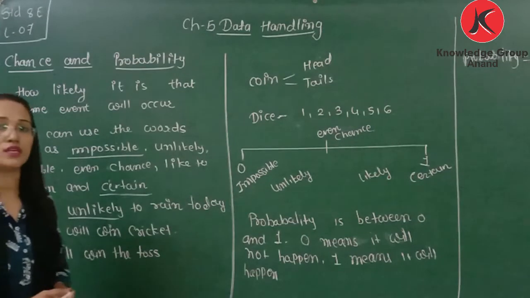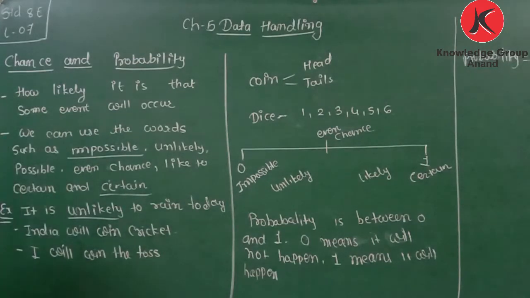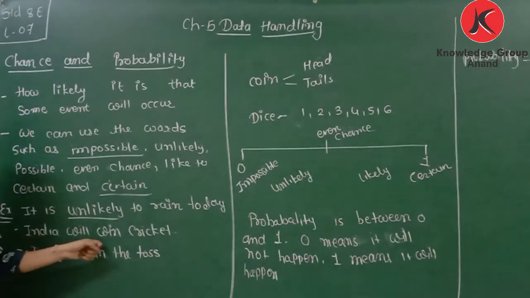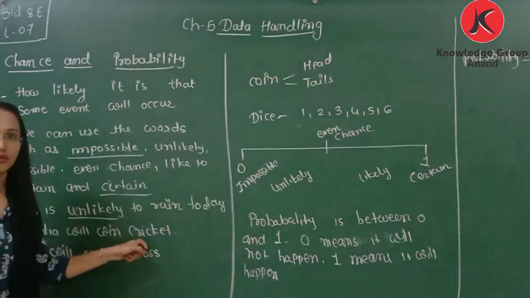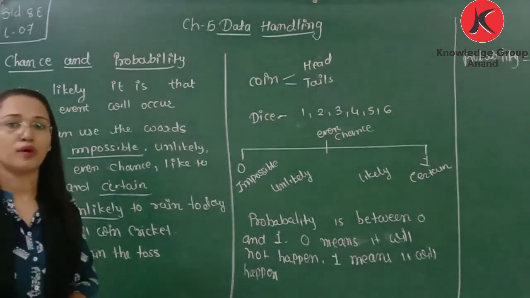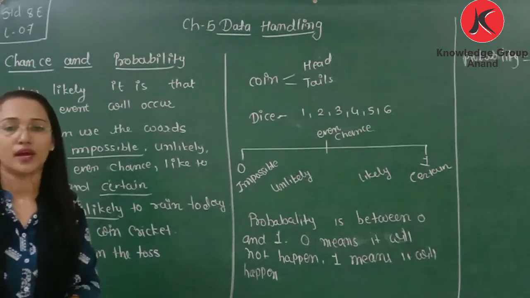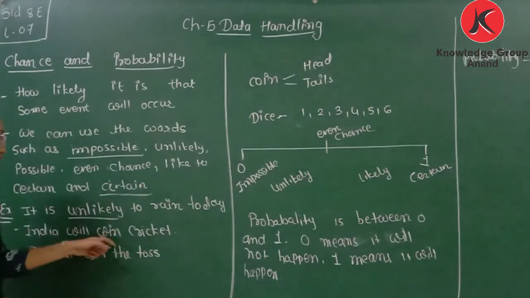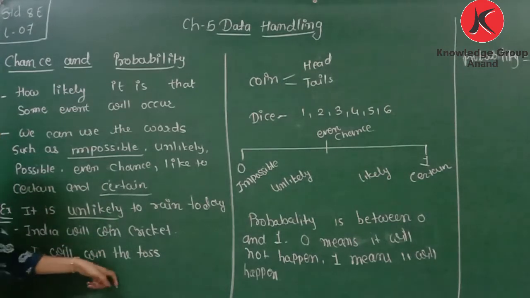We are assuming some situation in which the outcome is not known to us. India will win the cricket match. That is also a probability, because we will know the answer to this statement after the end of the match, but we are only making the assumption that India will win. I will win the toss.